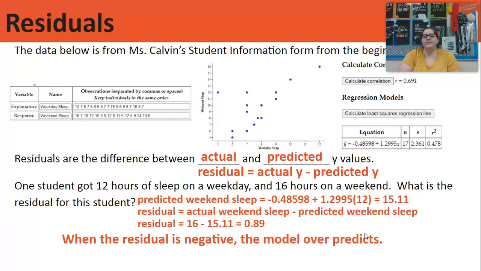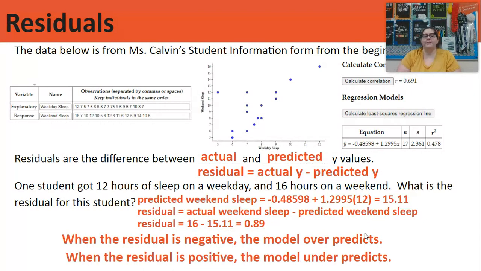So what this tells us is that this student gets about 0.89 more hours of sleep than we would have expected them to get based on their weekday sleep. So they're a little bit above the prediction. That prediction underestimated what they were going to get on the weekend. When the residual is negative, that means the point is below the line. So the line, which is our prediction, is overestimating or over predicting.